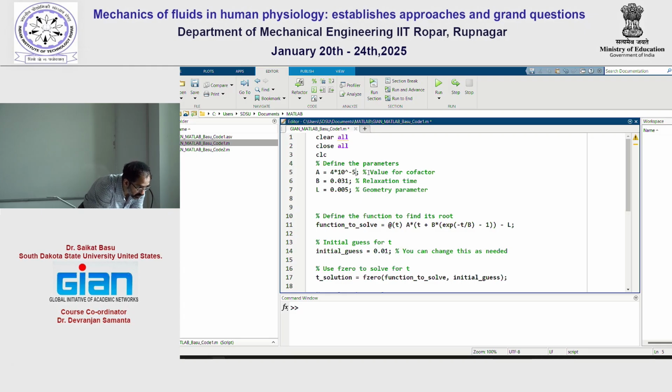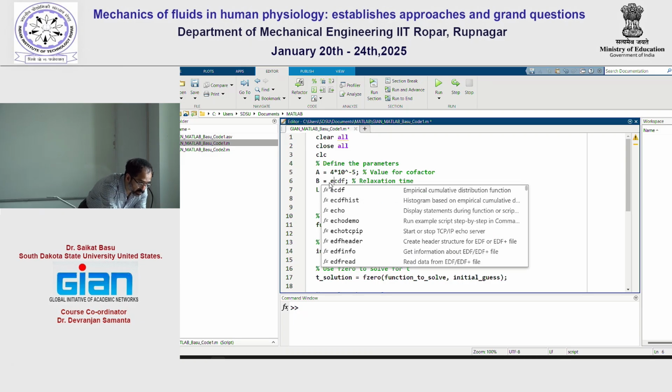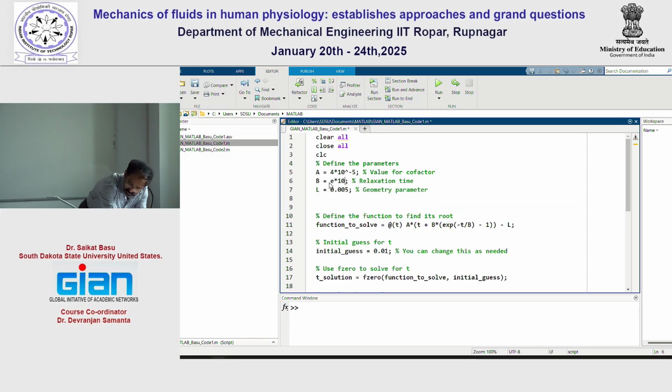And the B, which is tau, the relaxation time, is 8 times 10 to the power of minus 8.